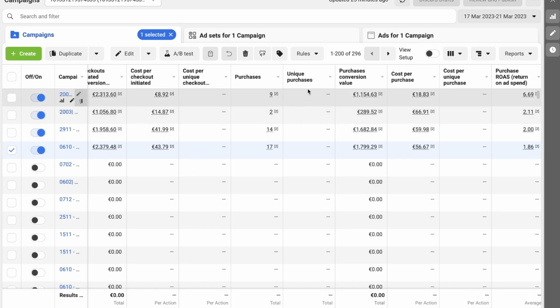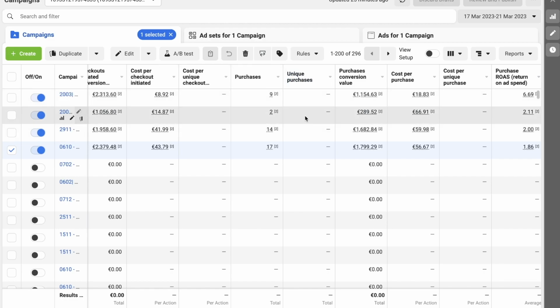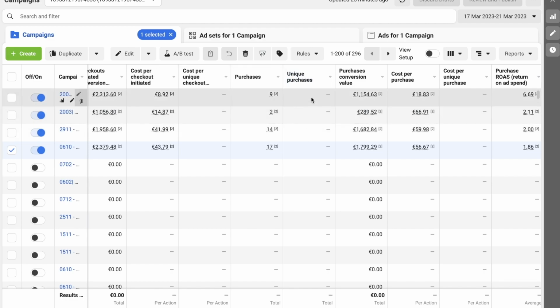In the past, we also knew how many individual people bought this. Sometimes, especially with e-com shops or shopping brands, you might have 7 unique purchases and 9 purchases, which means 2 of your 7 unique customers bought twice. It can give you an indicator for why people buy twice. Why do people buy twice in the same 7 or 14-day attribution window?